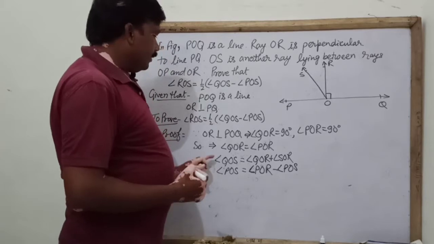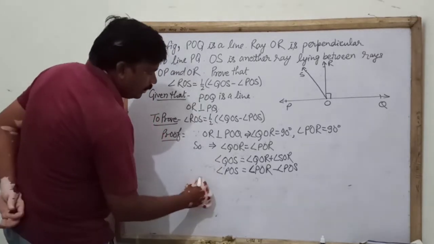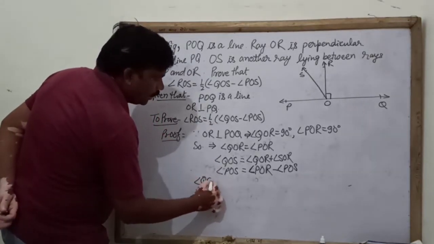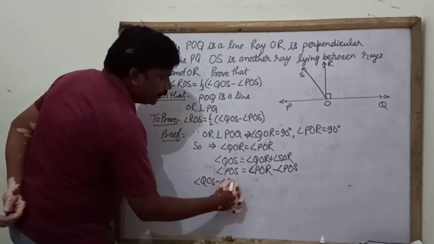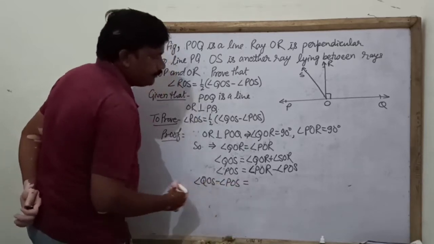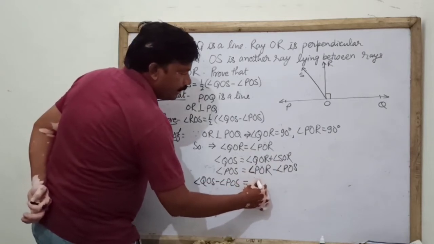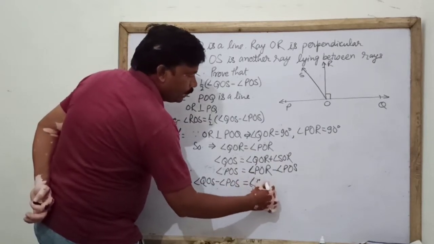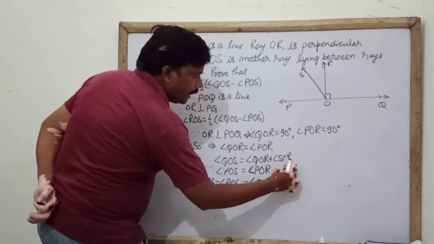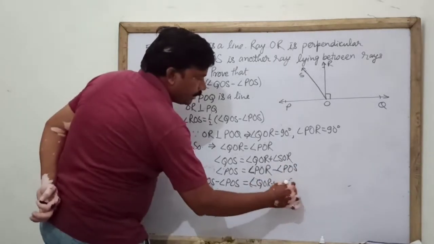Now find angle QOS minus angle POS. We will write here these values: angle QOR plus angle SOR.